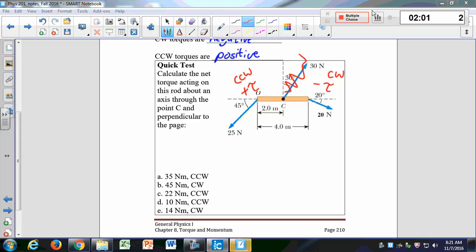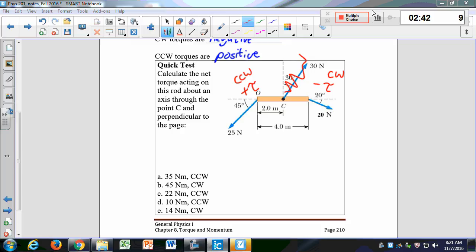So you need to figure out the torque caused by this force and the torque caused by this force, and then take the appropriate sum or difference, however that is. You'll need to find your moment arm for each of them.